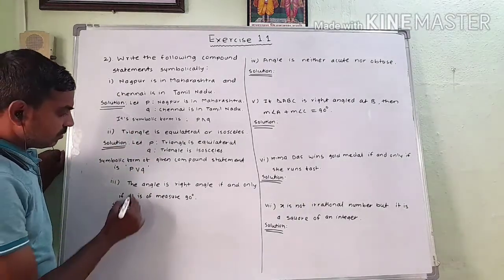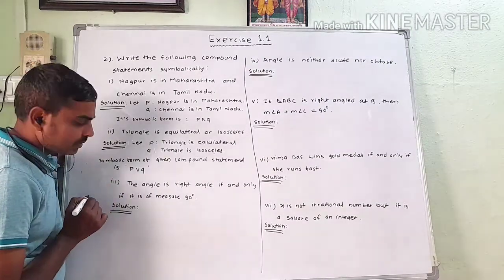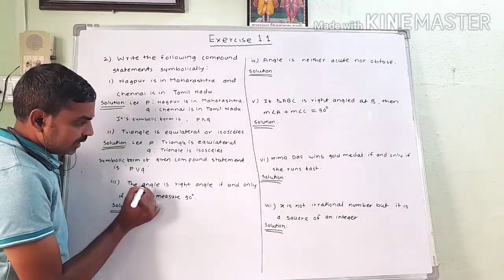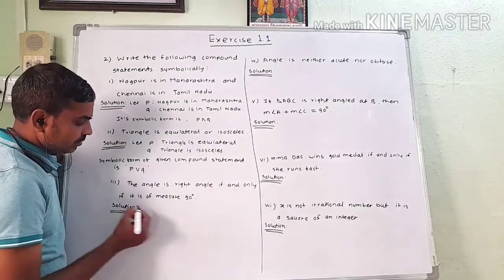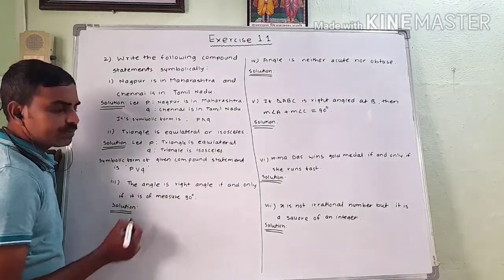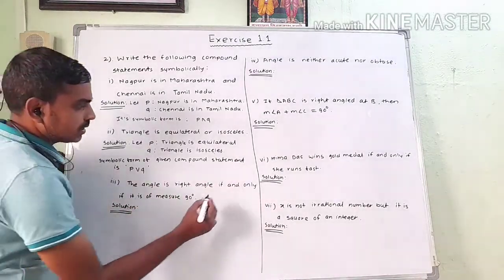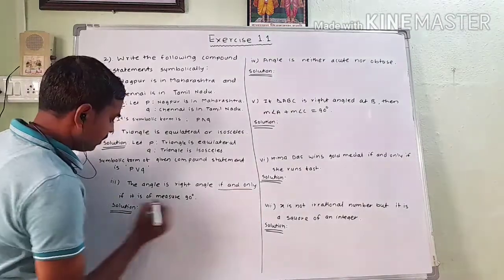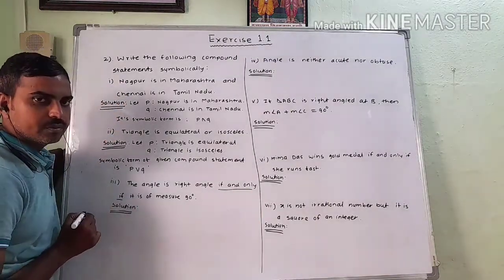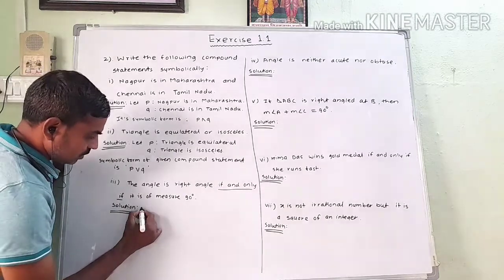In a similar manner we will write the solution of the third example. The angle is a right angle if and only if it is of measure 90 degree. Here the connective is if and only if, means we have to use biconditional here.